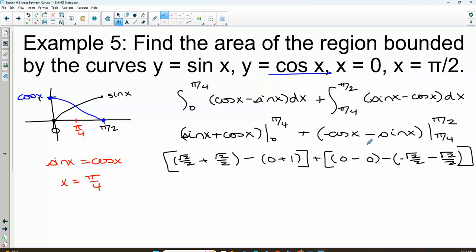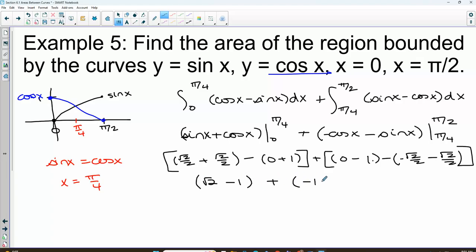Oh, hold on. I made a mistake, didn't I? This should be a 1. Sine of pi over 2 is 1. Okay, so radical 2 over 2 plus radical 2 over 2 would just be radical 2 minus 1.